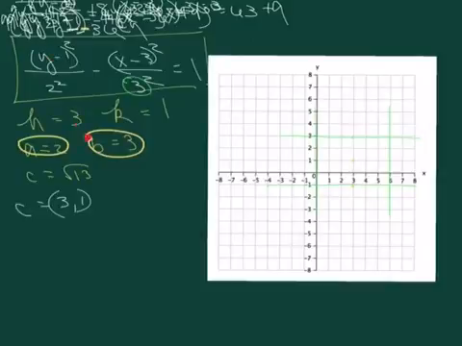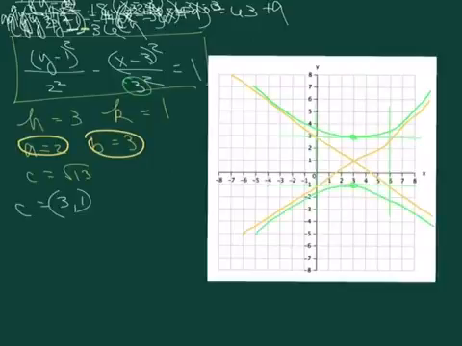And because it's vertical, my vertex is going to be up 2, down 2, and my b is going to be over 3, over 3. And that's why I've got this square that I drew. Now all I have to do is draw a line there, there, and I know my vertex is there and there, so I can draw there and there. Okay, so that ends up being the drawing.